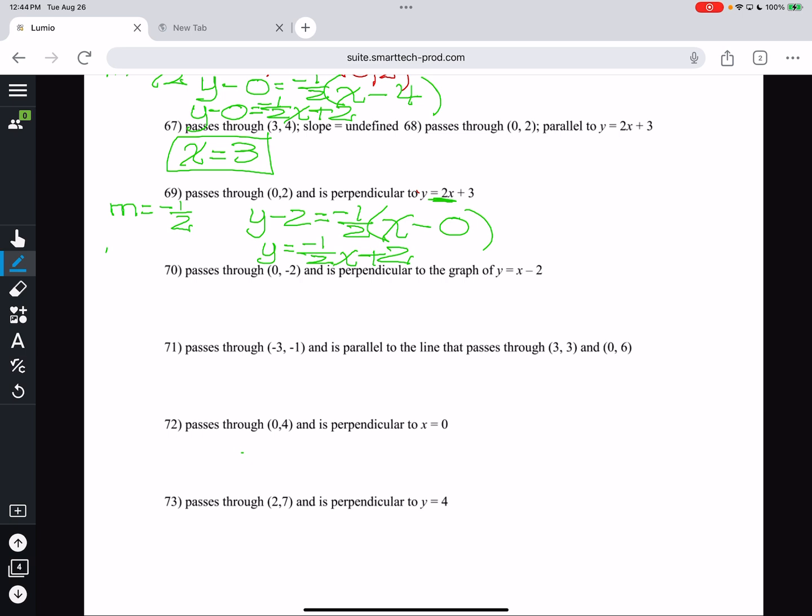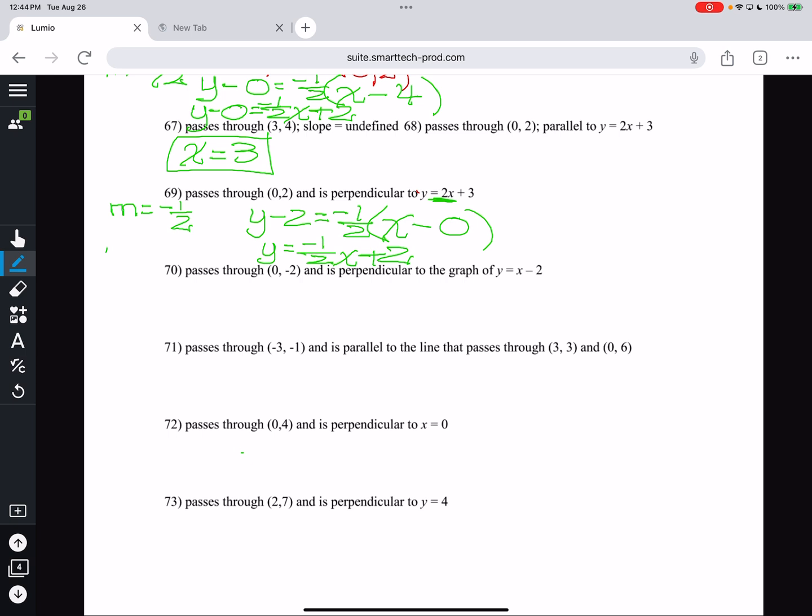71. See, this one we can't do that. It's not an axis. Passes through negative 3, negative 1. Oh, and it's parallel to the line containing these 2 points. Perpendicular finds the slope, flips it, and changes the sign. What about parallel? Same. So we're going to find the slope by using the slope formula with these ordered pairs.